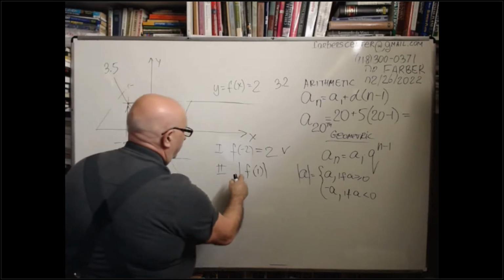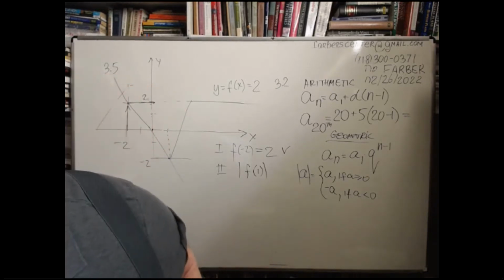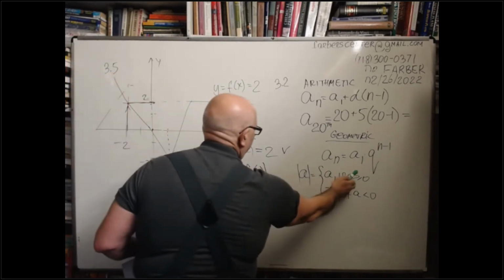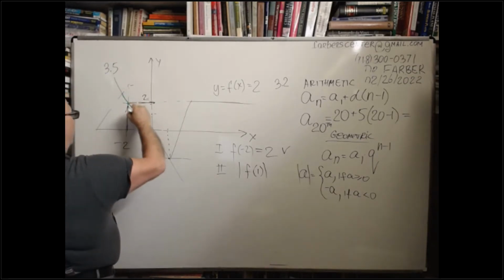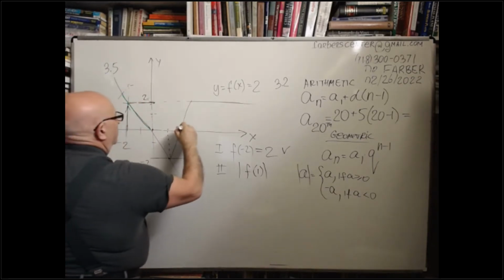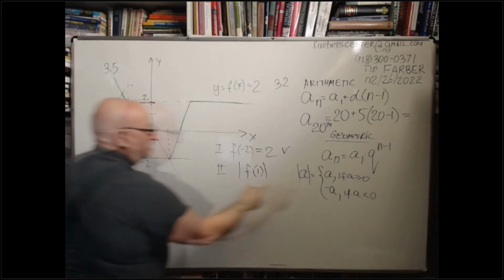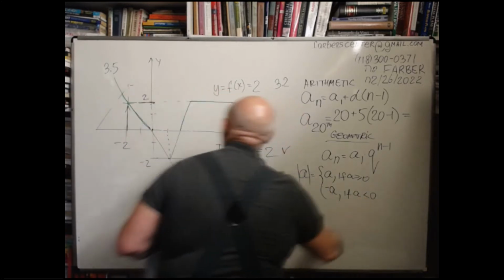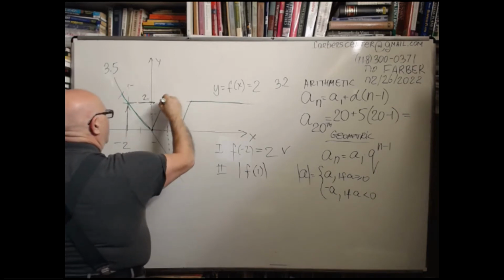But if I take a different color and show how this function behaves: when the function is above 0, it's the same, it's itself. But when it's negative, you have to make a reflection. You have to change sign. So it's supposed to be like this.